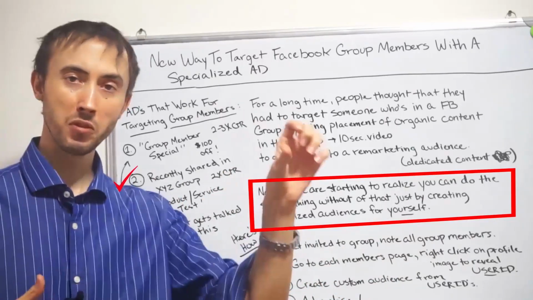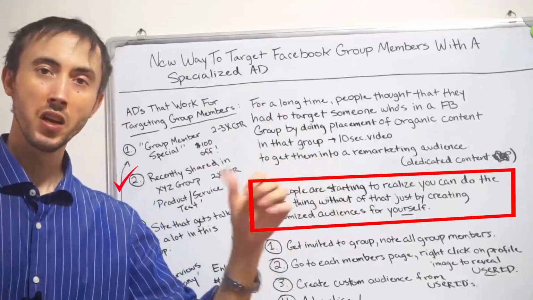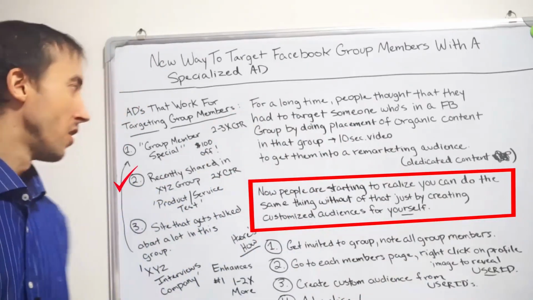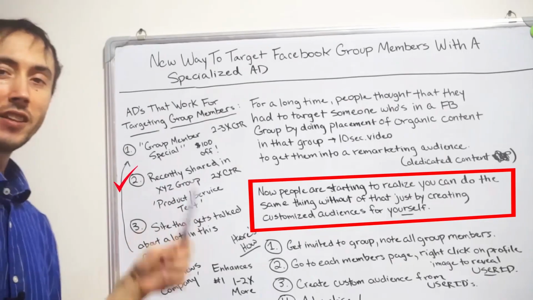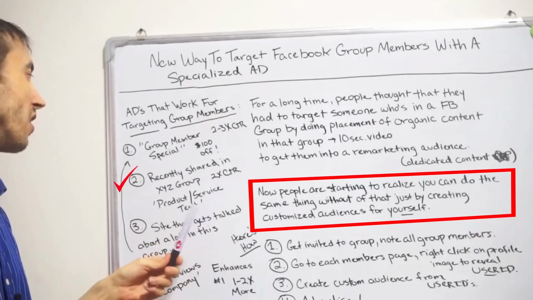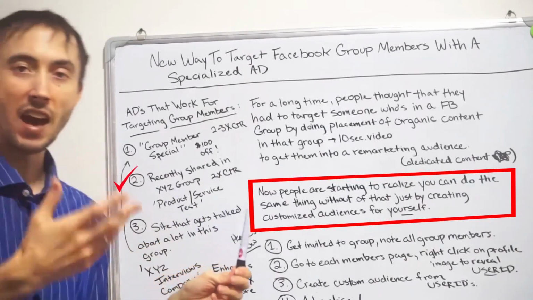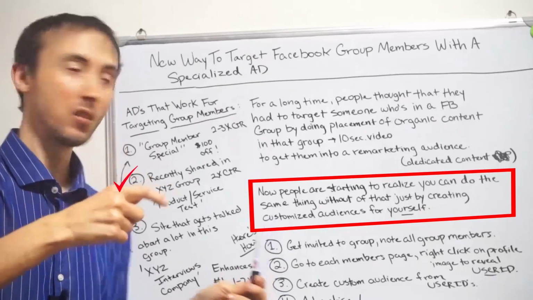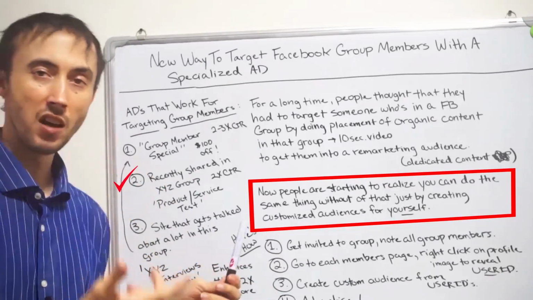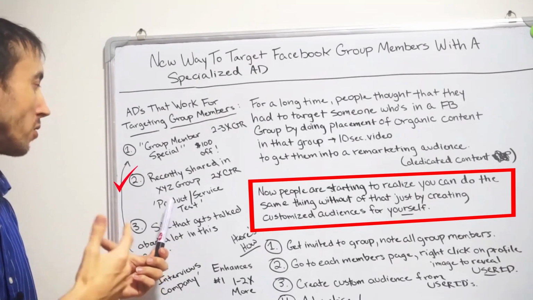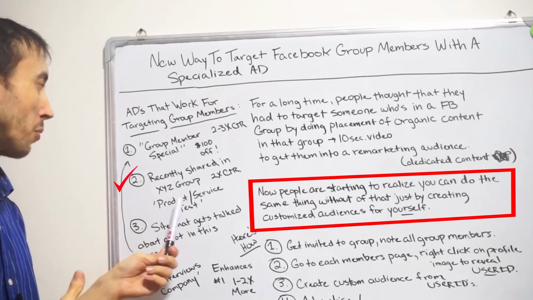So the 10 or 20% of power users in that group will see that and they'll click on your ad now at a super high rate. Enough to where you can overall get the click-through rate up on your ad 2 times higher than if you were to have an ad that didn't mention the group name, but still offered the same content.